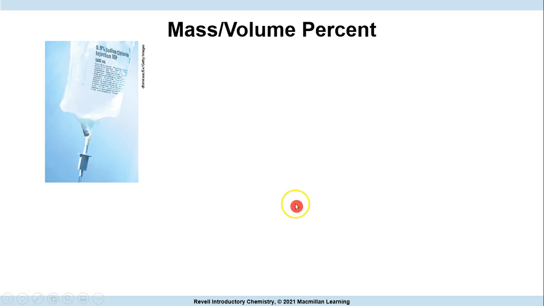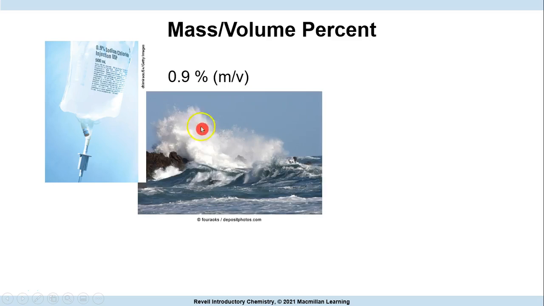So the normal saline solution contains 0.9% mass for volume, which means that there are 0.9 grams of the salt in 100 milliliters of the solution.